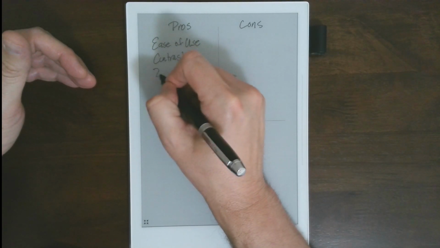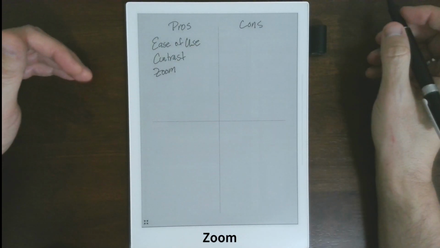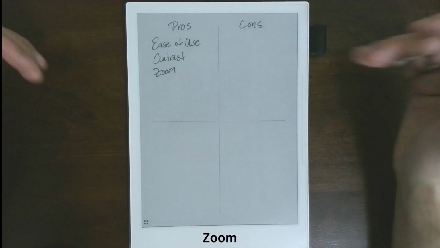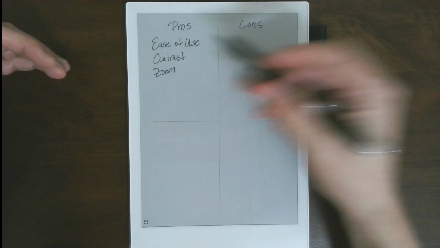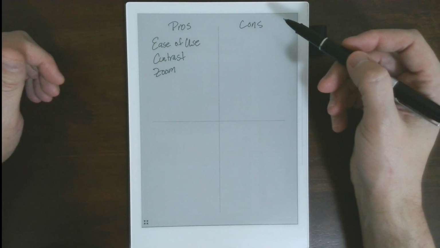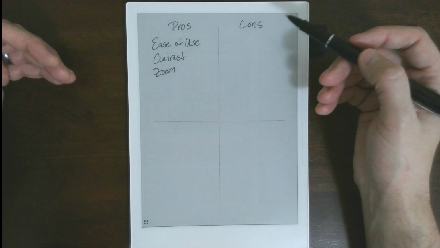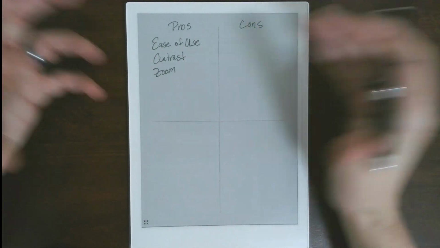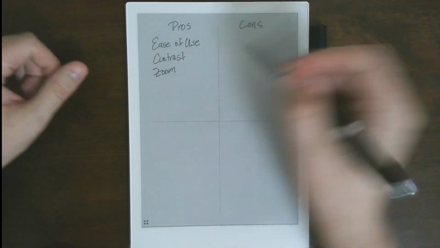Also, the ability to zoom is extremely important to be able to make that real estate bigger so that you can write, especially if you write fairly large, as you can see I do here. That can be an interesting and an important piece of this, especially since it scales back down.